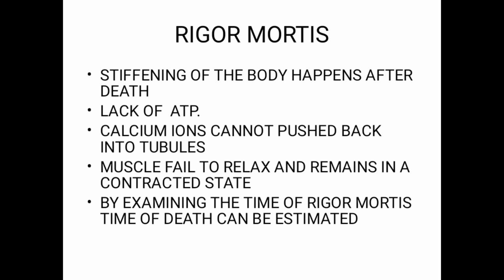That completes the excitation contraction coupling. So next, coming to rigor mortis. Rigor mortis is a condition of stiffening of the body that happens after death. Okay, so what will happen after death? After a few hours of death, the body becomes very stiff.